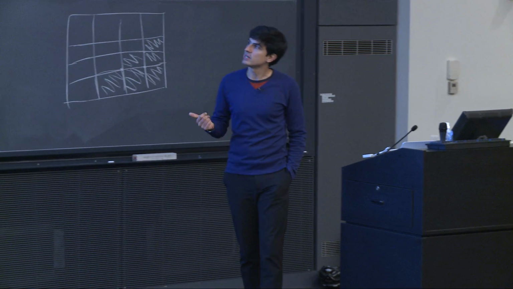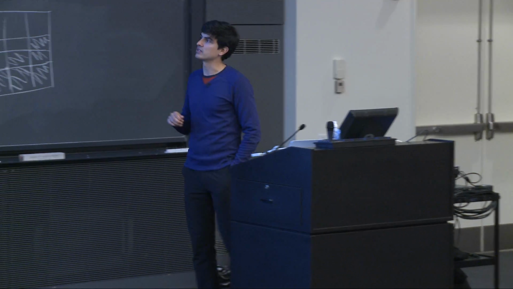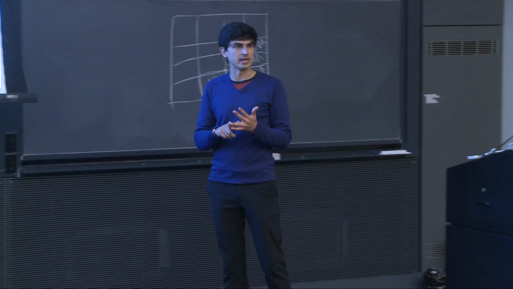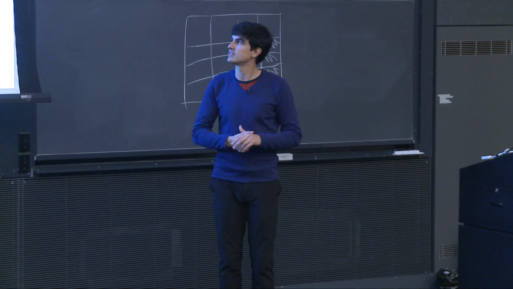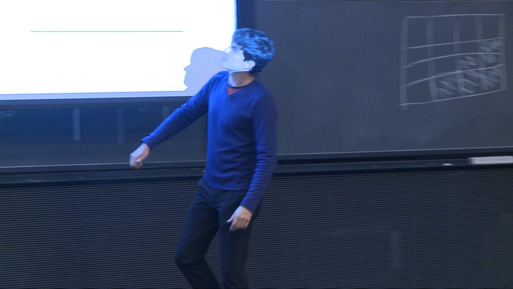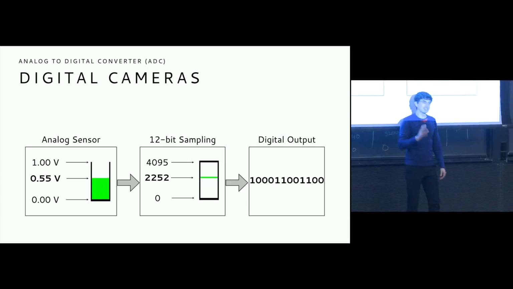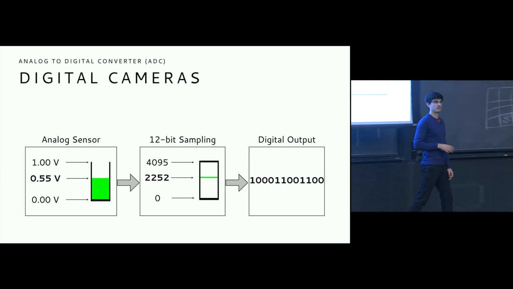So going from 8 bits to 12 bits is not just a few more pieces of information. What we're talking about is doubling it 4 more times. So whereas before we had a value of 0 at the bottom to 255 at the top, with 12-bit sampling, we can have 4,096 possible values rather than 256.